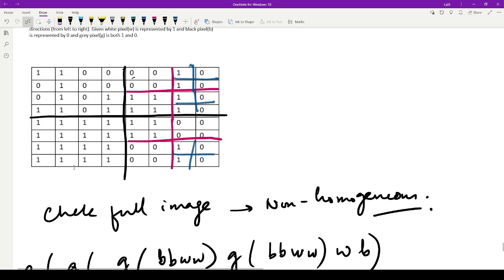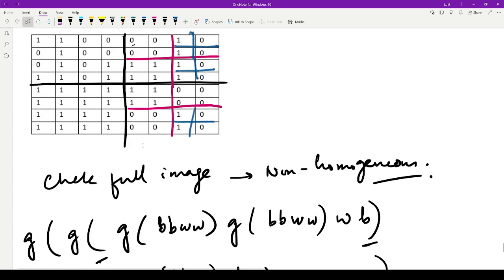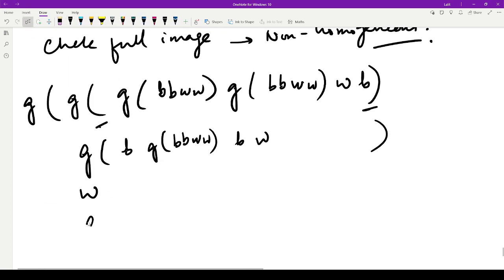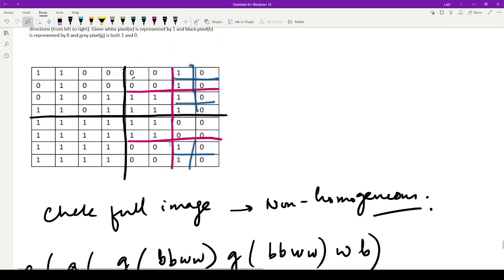Then you come to this region. This region is fully homogeneous with white, so I'll directly write W. And for the fourth region, we'll have to divide because it's not homogeneous again. And again, if you see it here, we have to divide all these three other parts as well. So in this region again, we see the northeast part.